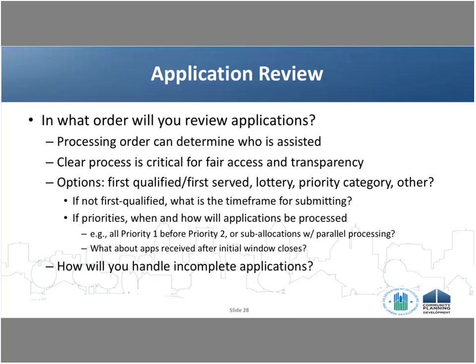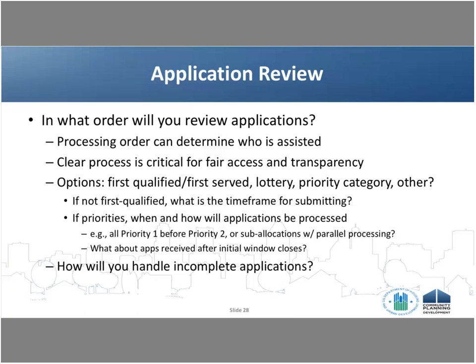The PJ needs to determine the procedures, whether it's the order in which they're received, which we called last time first qualified, first served, by lottery, by priority category, or some other method that is fair and transparent. If the PJ elects to use a lottery or some other method, you need to think about the time frame or window applications can be submitted after which a lottery will be used to determine the order of processing.